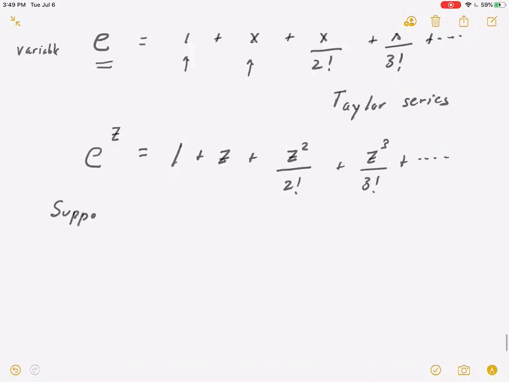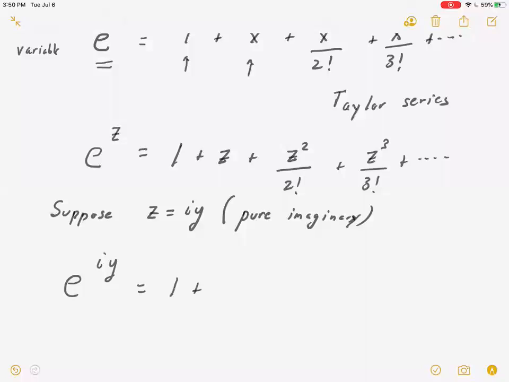Suppose you look at an example where your complex number is pure imaginary. A pure imaginary complex number simply means that the real part is 0. x is 0. So I could write down a Taylor series expansion for z, where z equals iy.